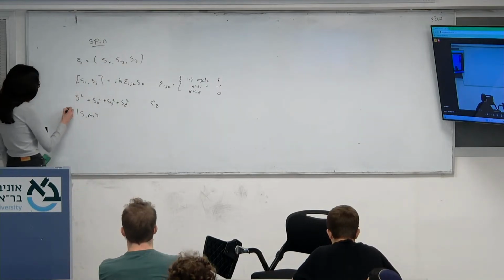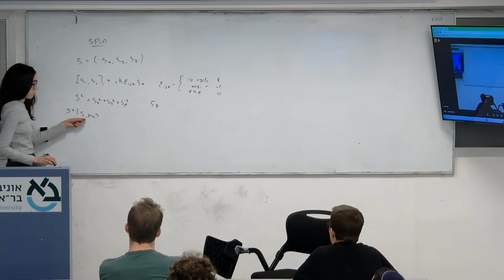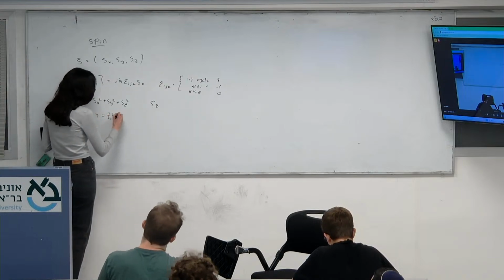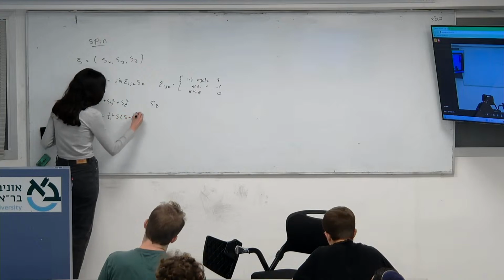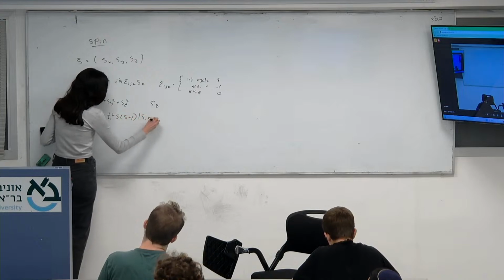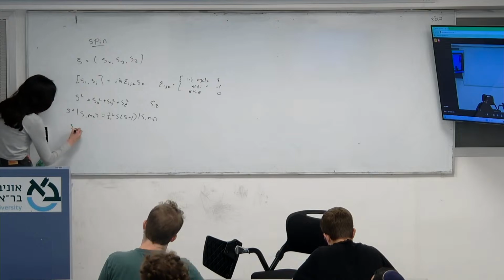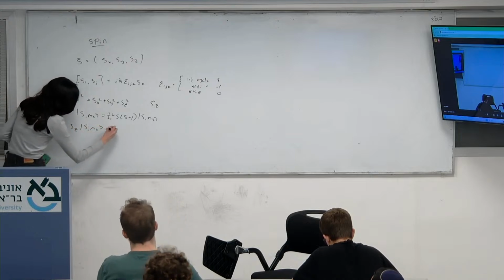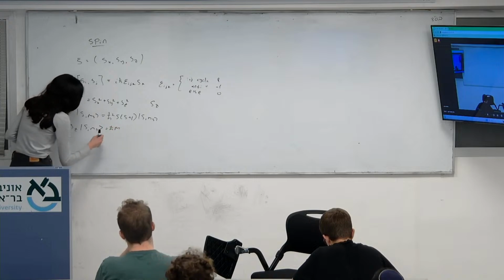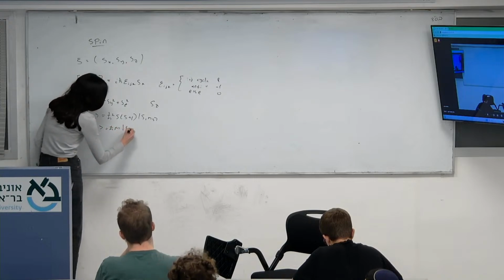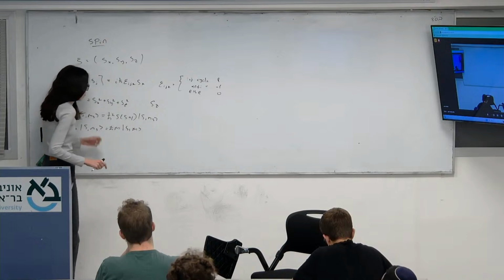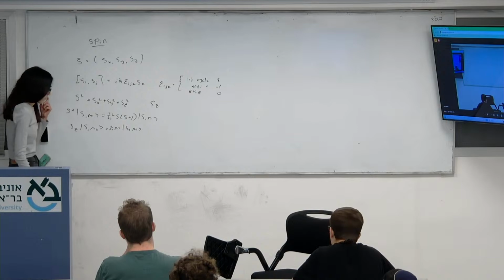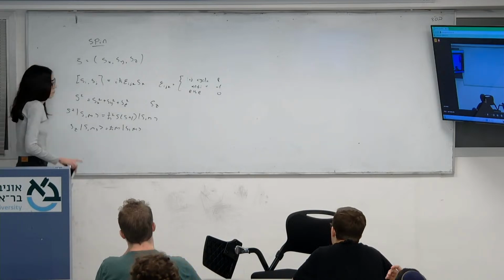So S squared acting on that state gives me h bar squared s(s+1), and Sz gives me h bar m. I'm just going to write m instead of m_s.